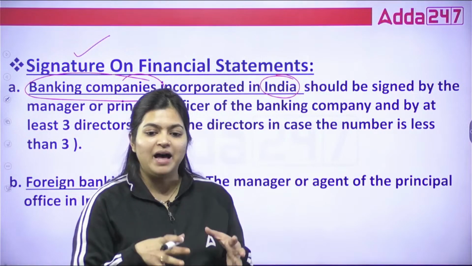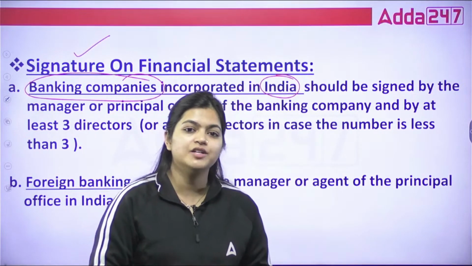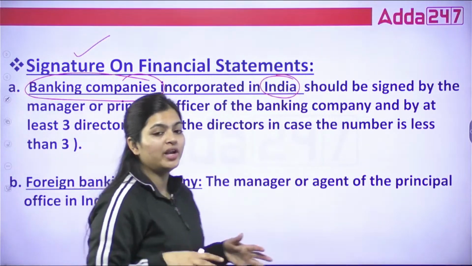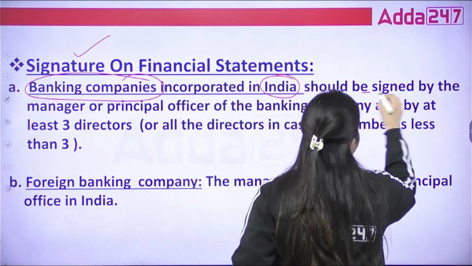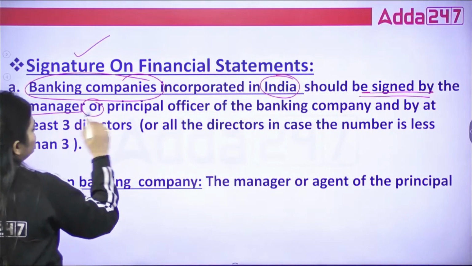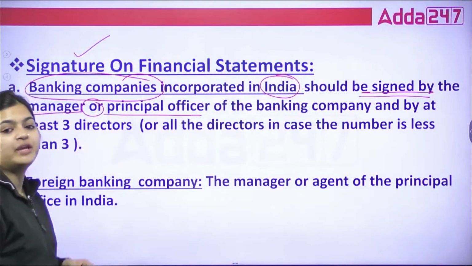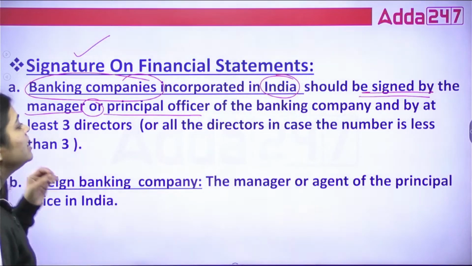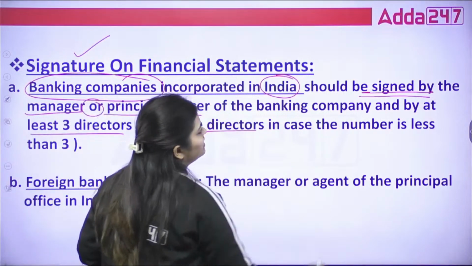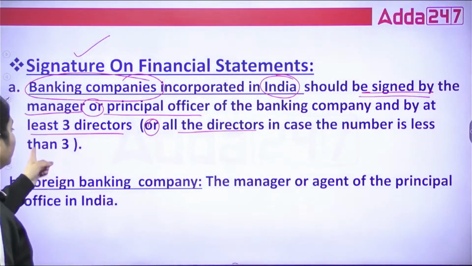So whatever banks you have formed in India, that is your domestic bank. So any banking company which is incorporated in India should be signed by the manager or principal officer of the banking company, and by at least 3 directors or all the directors in case the number is less than 3.